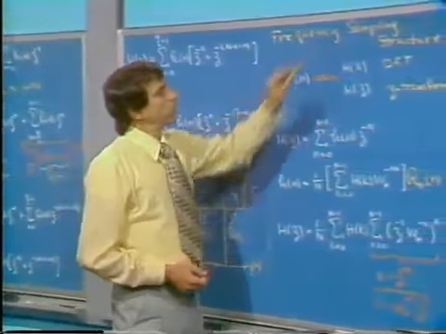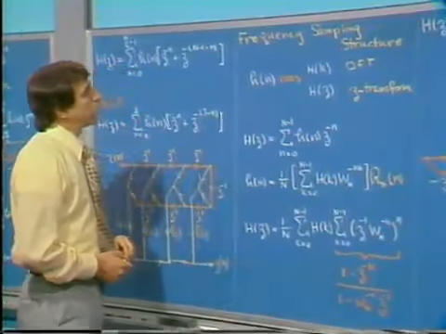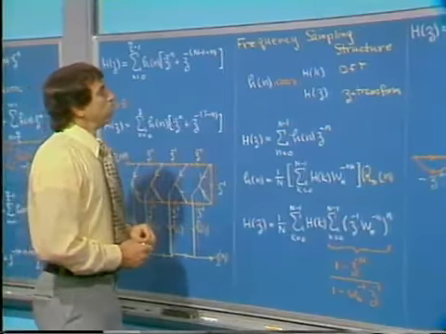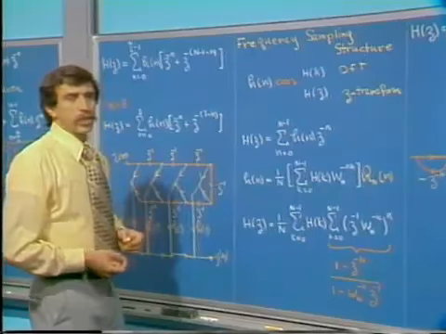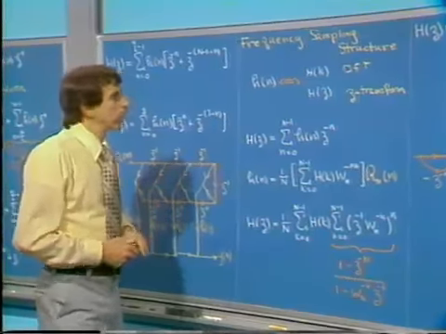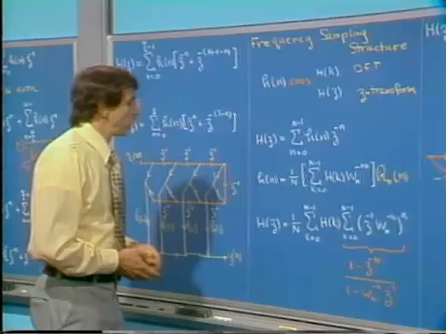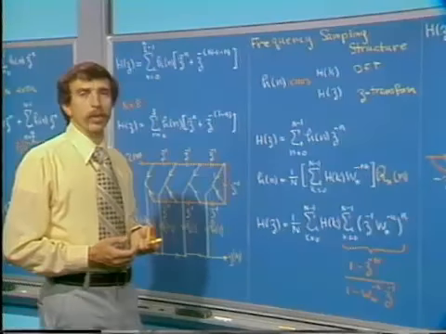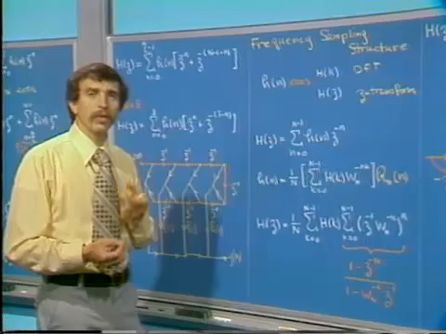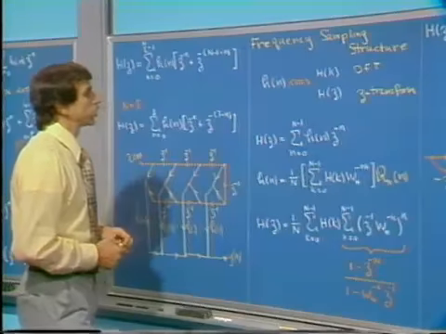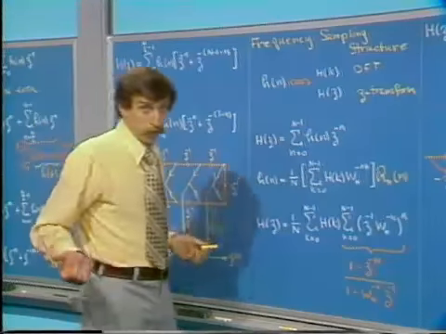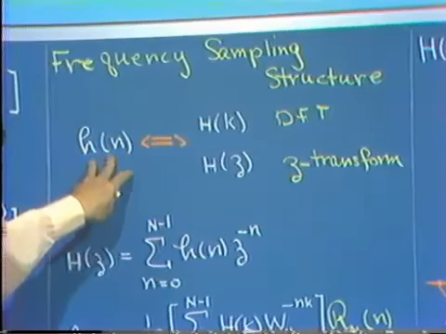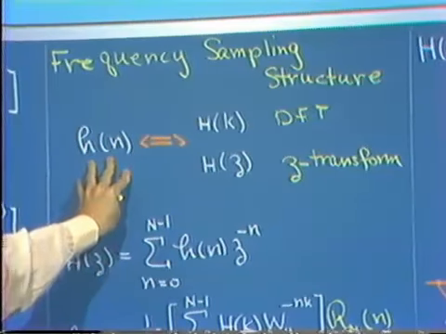A frequency sampling structure is derived by essentially inquiring as to what the implementation would be if we specify the system in terms, rather than of the unit sample response, of the discrete Fourier transform coefficients. We recall, and I hope that this is second nature to you by now, in general we have a unit sample response.